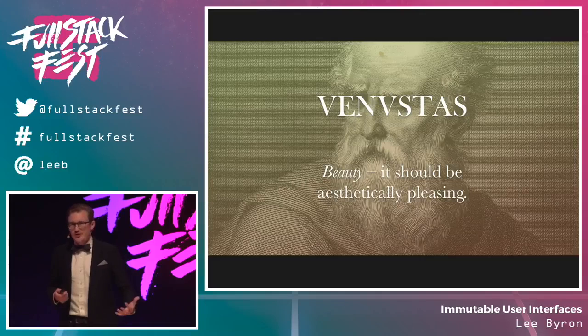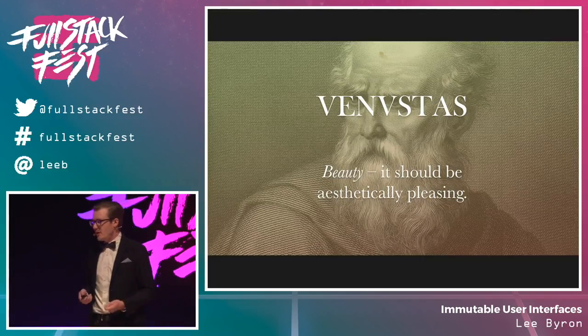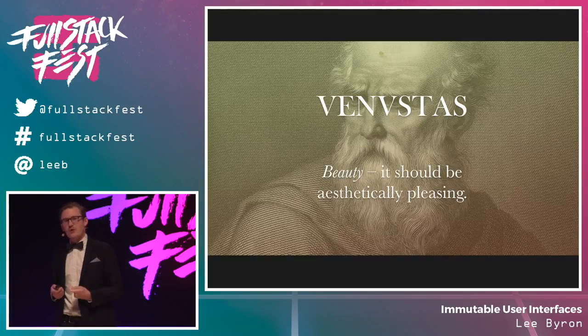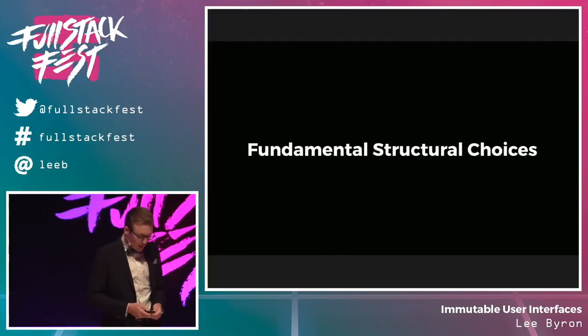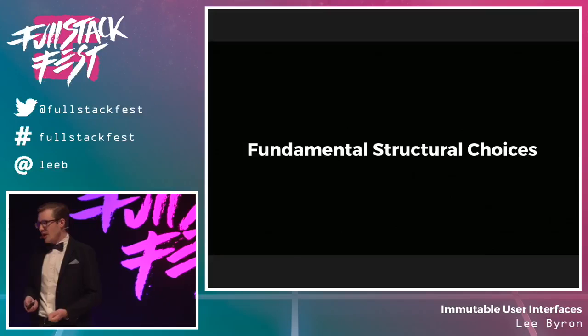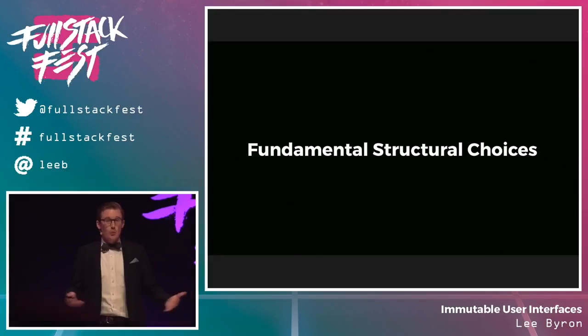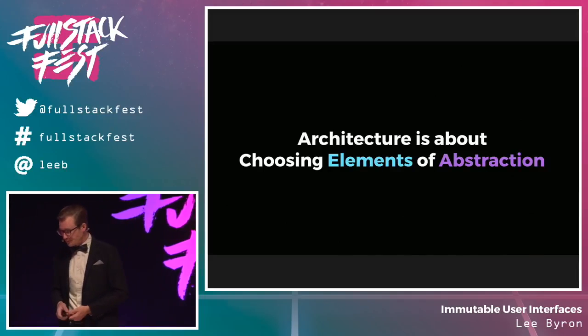The architectural choices that we make impact not only how easy or hard it's going to be for our teams and ourselves to improve our apps, but to also iterate on those over time. So architecture is about making fundamental structural choices about how we're going to build things with the qualities that Vitruvius set out for us 2,000 years ago.